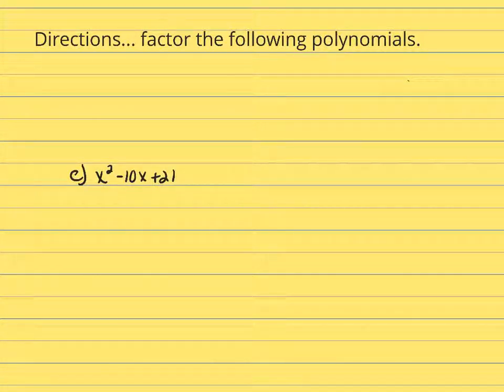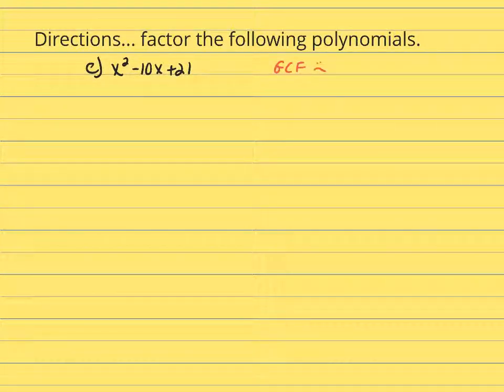With letter C here, which I'm just going to move up, I tried the GCF right away, but there isn't one. So what I notice now is that my A value is 1, my leading coefficient is just a 1, my B is negative 10, and my C value is 21. So those are nice and easy for us. I need to think of the numbers that would multiply to 21 and somehow add to be negative 10.